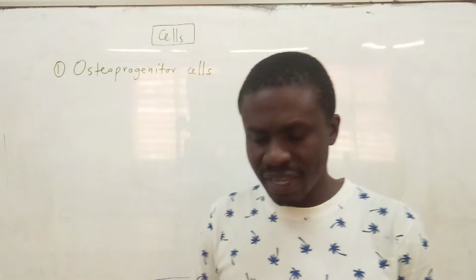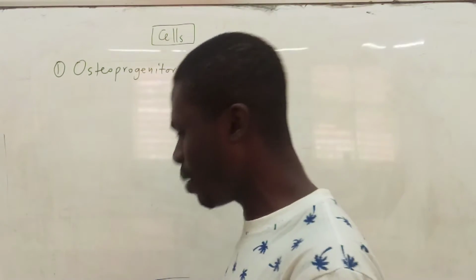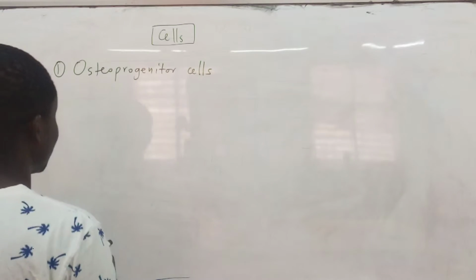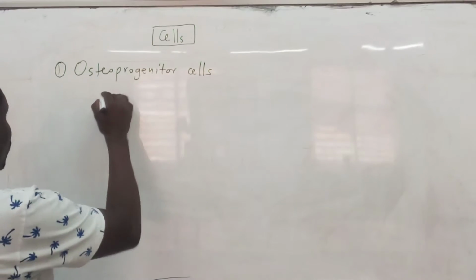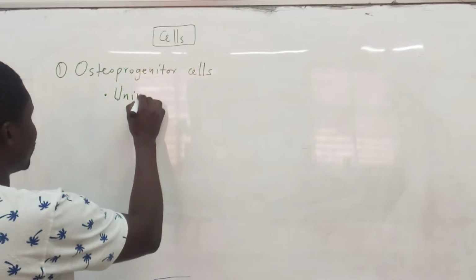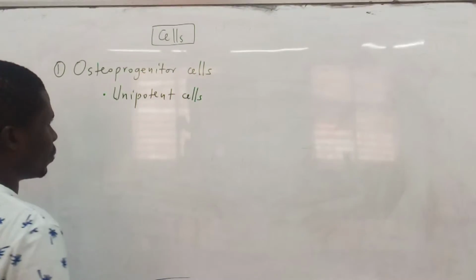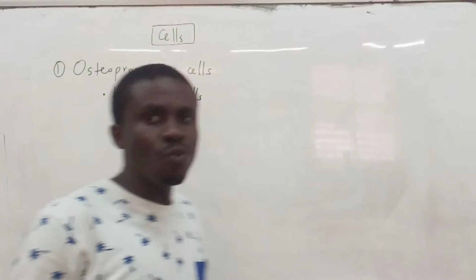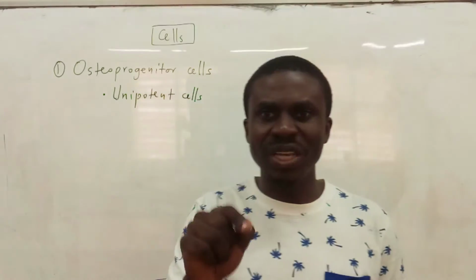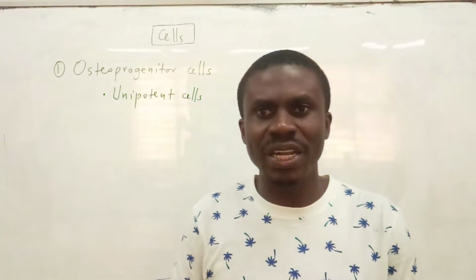Just to explain something to you, there are some terms that I want you to be aware of before I come to my osteoprogenitor cells. You should be aware of cells we call unipotent. My friends, if we say you are unipotent, then it means that you have only one potential of becoming a particular thing.